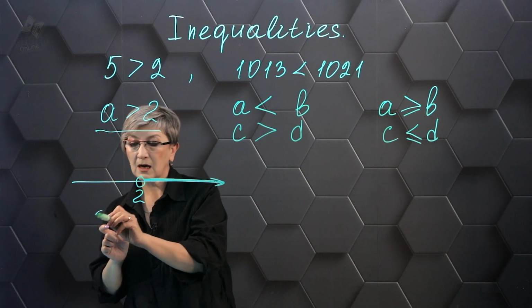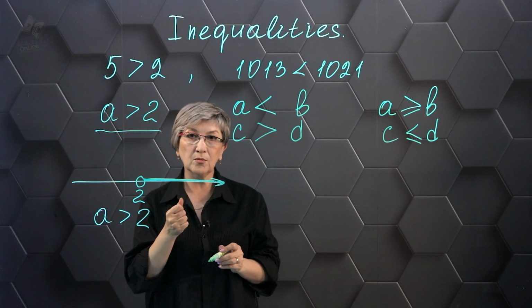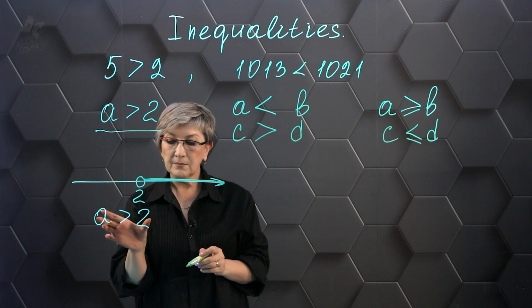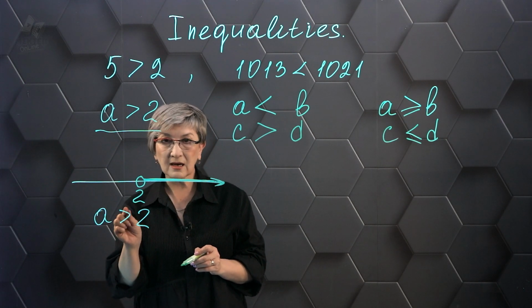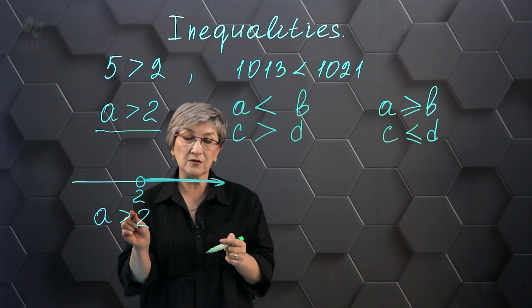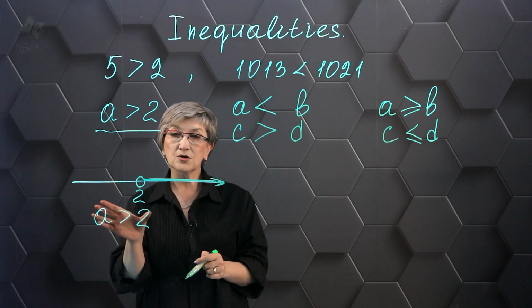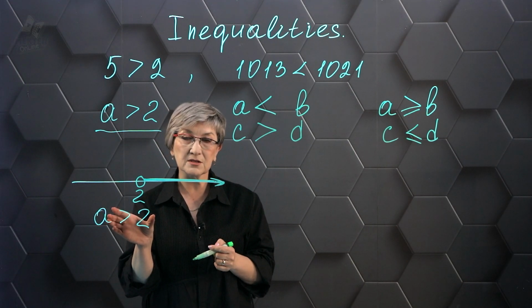I can write down this notation, a is greater than 2, in a different form. If you write it with the signs of inequality, greater than, less than, greater than or equal to, or less than or equal to, in this case, it is said that you have written down the answer in the form of a numerical inequality.